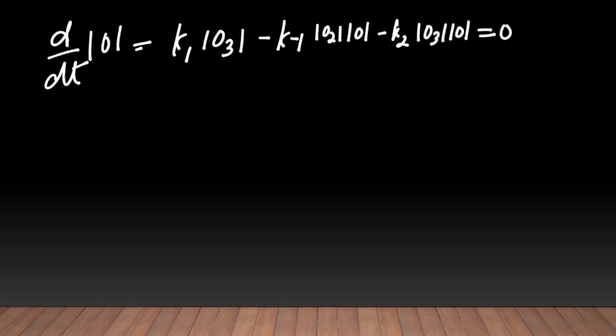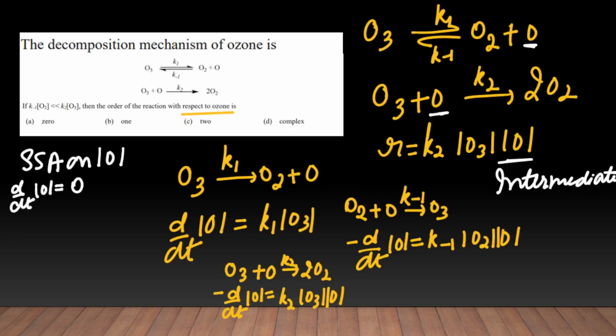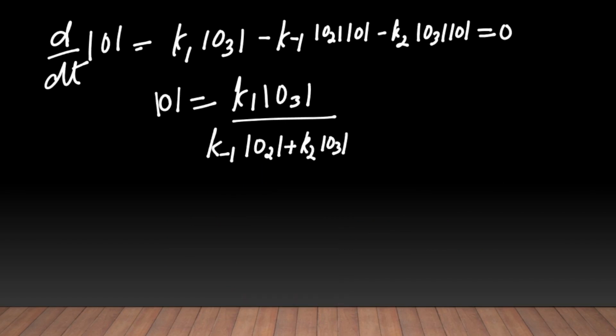So from here the concentration of O we can find out. That will be K1 times O3 upon K inverse of O2 plus K2 times O3. This is what we are getting as the concentration of O.